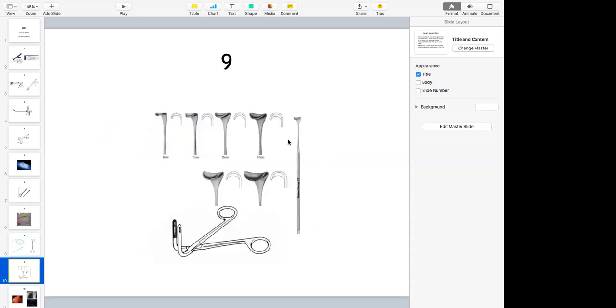Now again, there are two instruments. One is a retractor and the other is a curved forceps. Identify these two instruments and mention some operations where this was used. Nowadays these procedures are mostly done laparoscopically or percutaneously, but previously, when we used to do these by open techniques, we used these instruments.